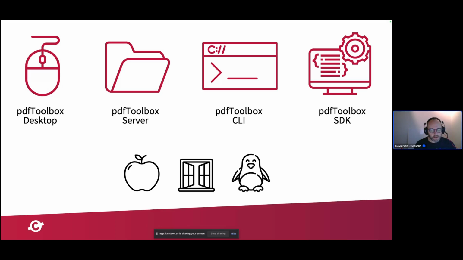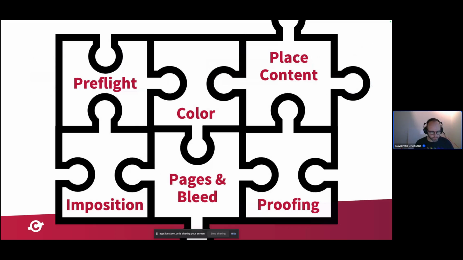And my very nice icons underneath show that it runs just about anywhere, whether it's Mac, Windows, or most versions of Linux. It doesn't really matter. pdfToolbox isn't very difficult when it comes to what you need in a machine to be able to run it. So it's pretty flexible in that sense.